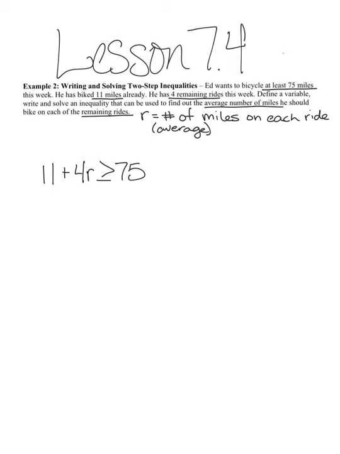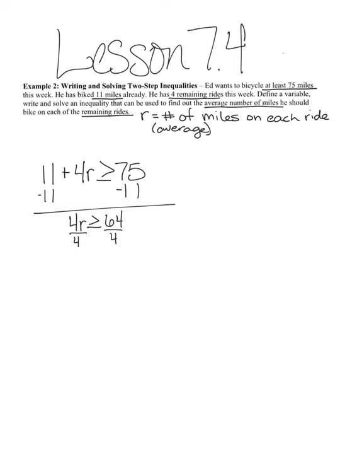So now to solve this, I'm going to subtract the 11 miles he's already ridden from how many he wants to ride, that's 75. So now I've got 4R greater than or equal to 64. And then I'm going to divide by 4 on both sides.